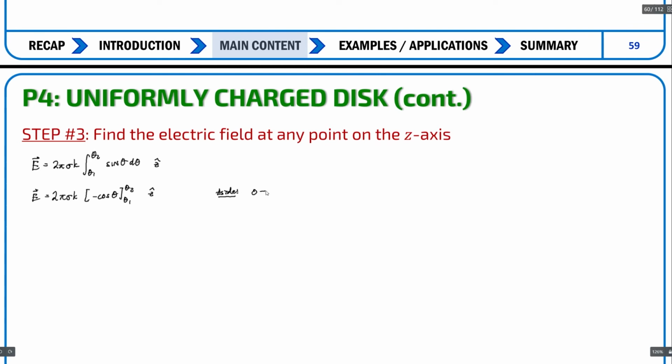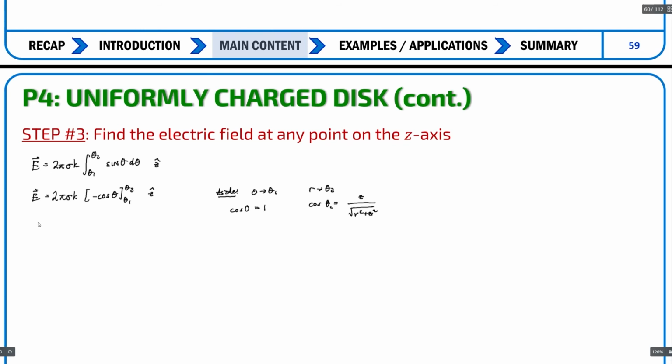So 0 was theta 1, and then r became theta 2. So cosine of 0 is equal to 1, and cosine of theta 2 is equal to z over the square root of r squared plus z squared.